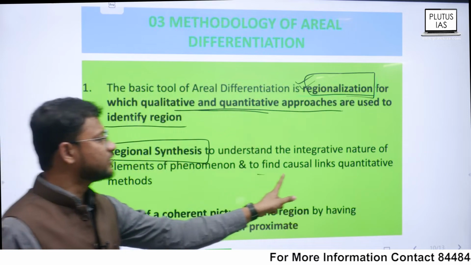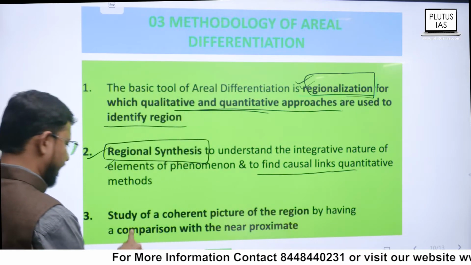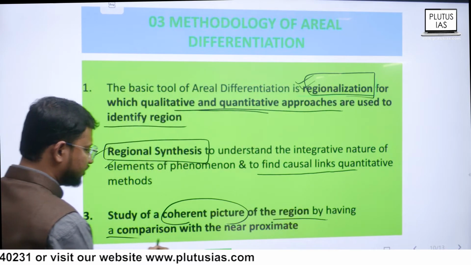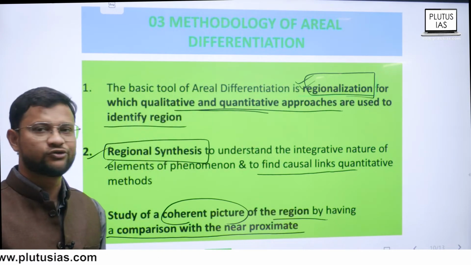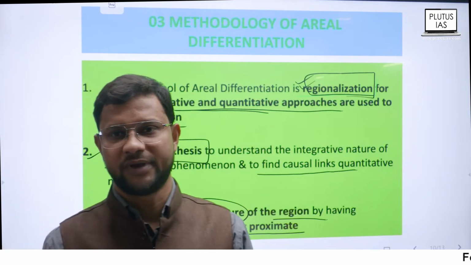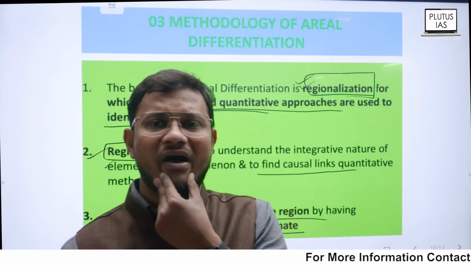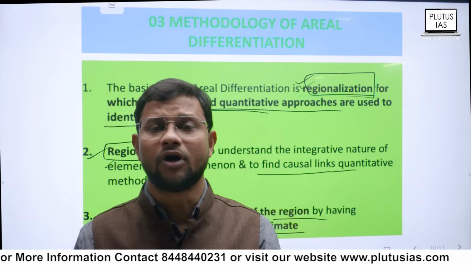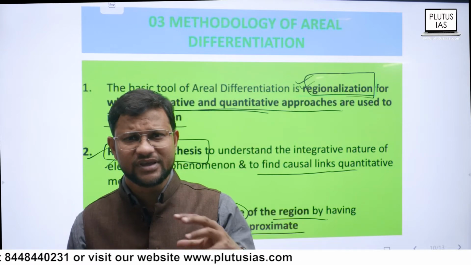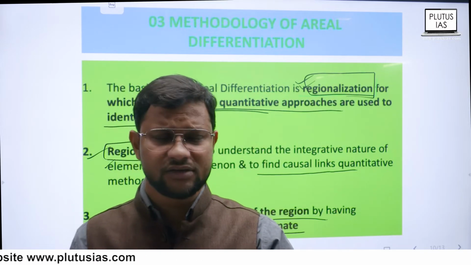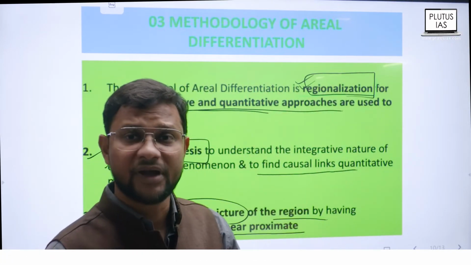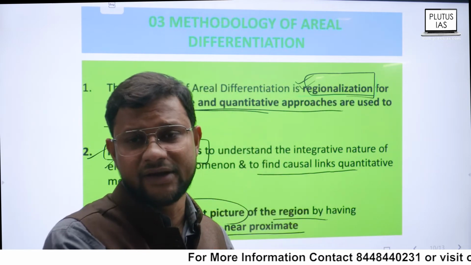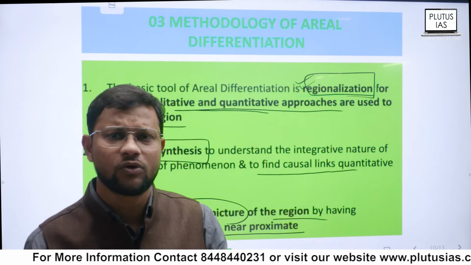Find causal links over there, and study a coherent picture of the region by comparing it with the nearby proximate regions. So compare Delhi with part of Western UP or Punjab, Haryana, right? So what will happen is that you will find these regions, and you can compare them across time as well, Delhi in 1800, Delhi in 1900, Delhi in 2000.